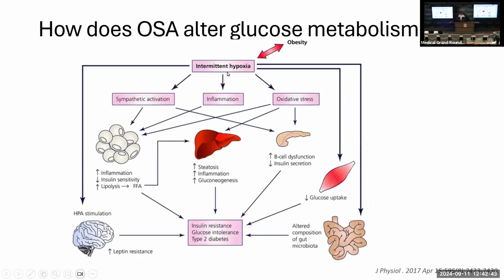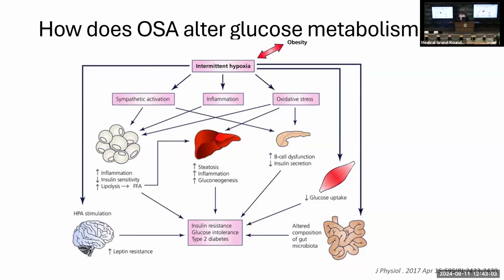So as discussed, the intermittent hypoxia causes several mechanisms, including sympathetic activation, inflammation, and oxidative stress. And this can affect different organs. For example, at the level of the adipose tissue, it can cause inflammation, insulin resistance, and increased lipolysis, leading to increased free fatty acid production from the fat tissues.